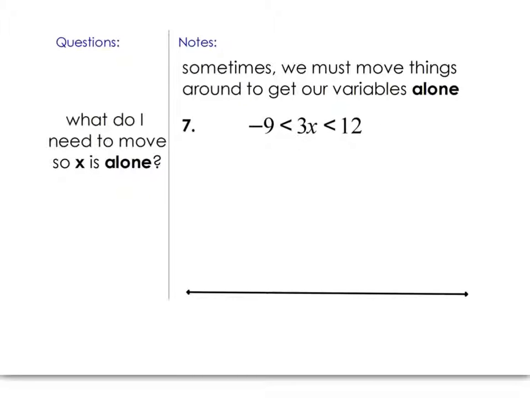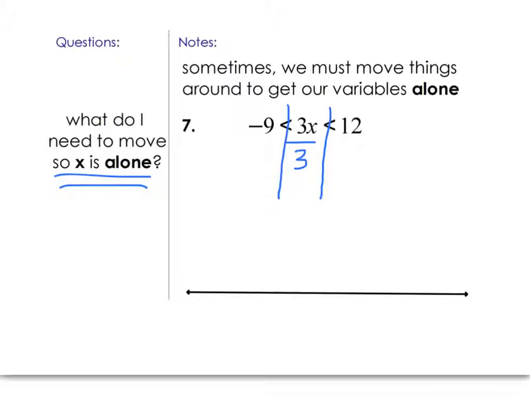So sometimes we must move things around to get our variables alone. Meaning sometimes it's not going to be all by itself like the past ones. So what do I need to do to get x alone? Well, right now, I actually have x sandwiched between two pieces. I have 3x in the middle. If I'm trying to get x alone, I want to divide by 3.